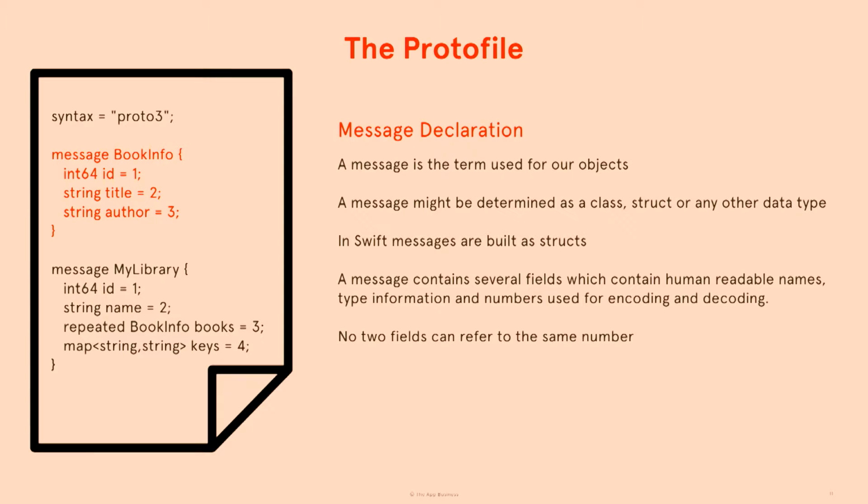These are literal tags, and these are what are used to identify our fields in binary format. So no two fields can have the same tag. They need to go up sequentially as we add things. And this is where we can kind of start to get a bit smart about how we represent our data.